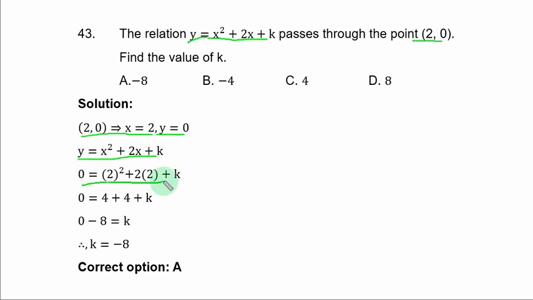If you simplify, now this is 0. 4 plus 4 is 8. If you transfer it to the left hand side, you have minus 8. Then k is remaining. Therefore, k is equal to minus 8. So A is the correct option.